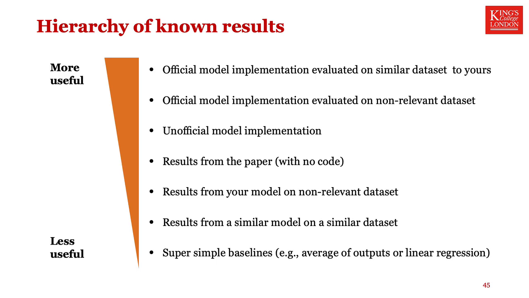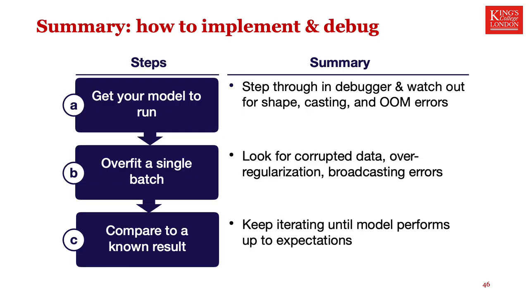Everything needs to be taken with a grain of salt, but at the same time, there are many different sources of information that you can compare to make sure that what you've done is correct. So just as a quick summary, the steps of getting your model to run, overfit on a single batch, and then compare the results can be summarized in stepping through your debugger, figuring out if the shapes, castings and out-of-memory errors are all correct and done properly.